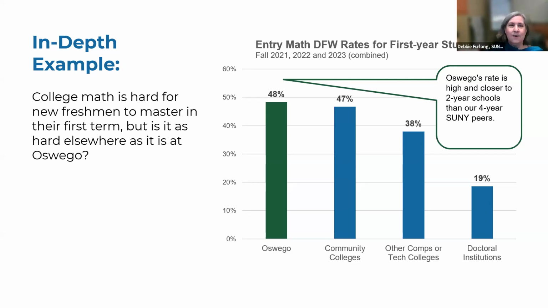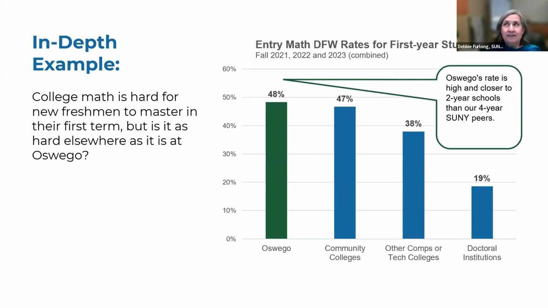And I decided that I wanted to learn more about math. College math is hard. It's hard for everybody. Our students have a hard time getting through it and getting the grades they want. But I was curious to know, is it as hard for everybody? Or is it harder or easier here?